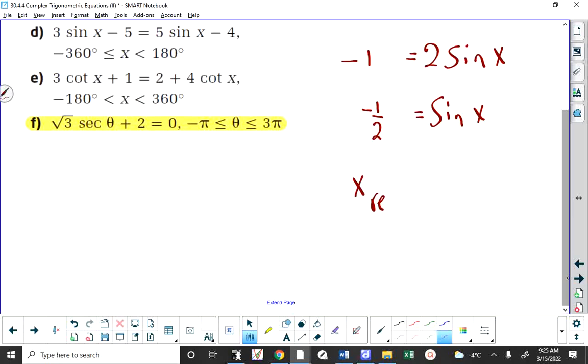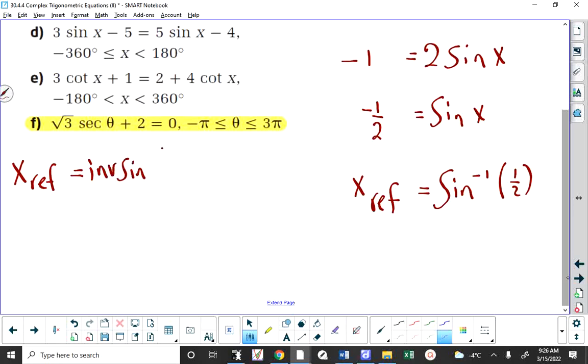I'm going to call it x reference by taking the inverse sine. Remember, that's not an exponent. I wish whoever invented that had not invented it. I wish we were forced to write that x reference equals inverse sine of 1/2.